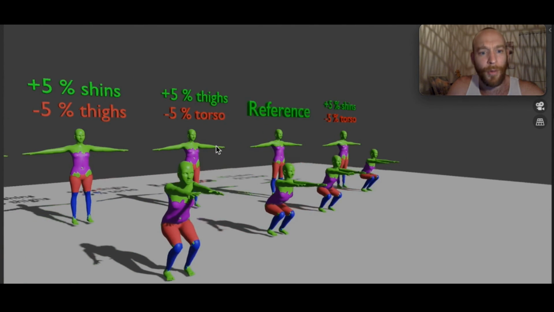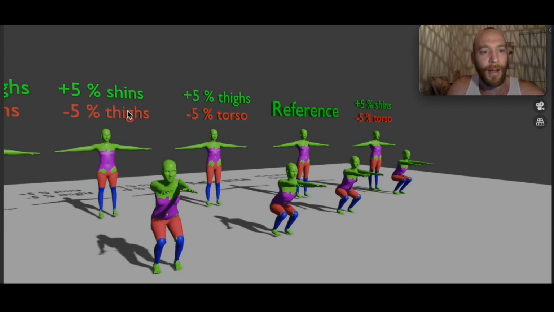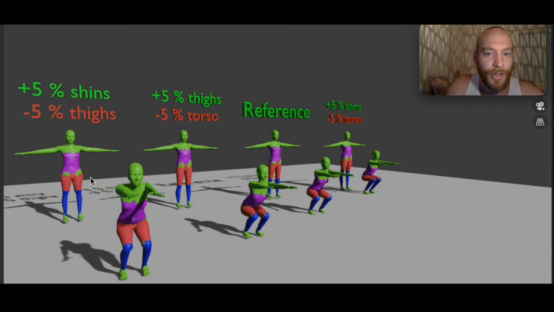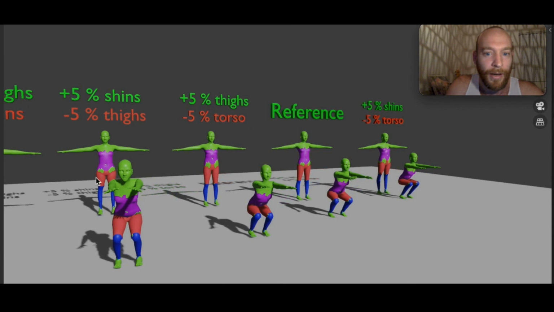But I guess I'm also surprised that it didn't do better relative to the reference. I would expect that shortening the femurs actually would make a better squat than the reference. So that's kind of counterintuitive. Not sure exactly what's going on here.